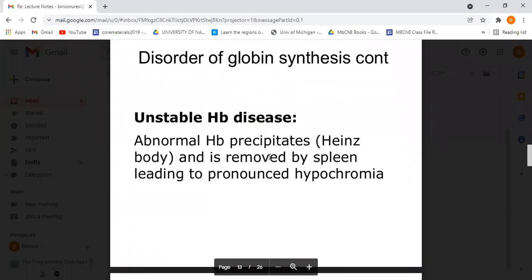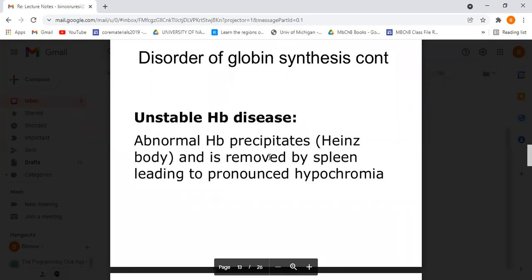So this relates to, for example, an unstable hemoglobin disease, where the hemoglobin is formed but it is abnormal. When it's abnormal, the spleen, which normally cleans the red cells, removes it, thinking that this is an abnormal cell or abnormal substance.